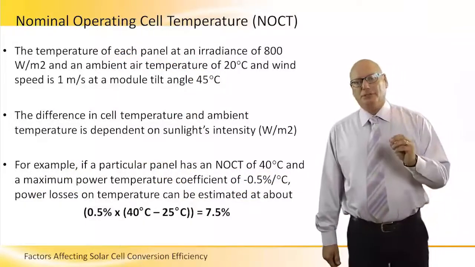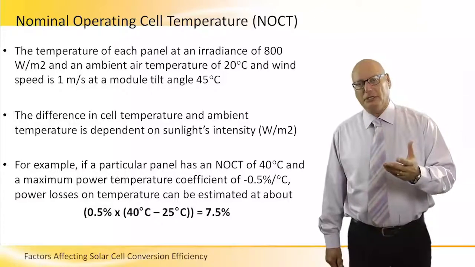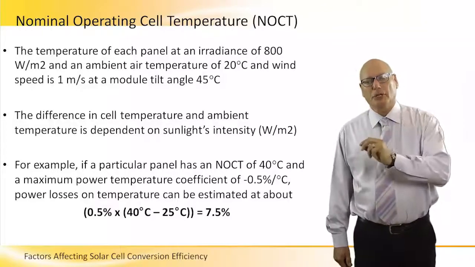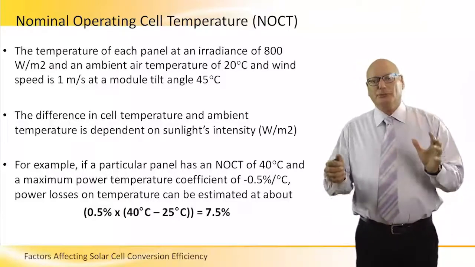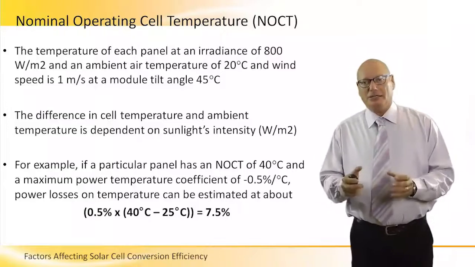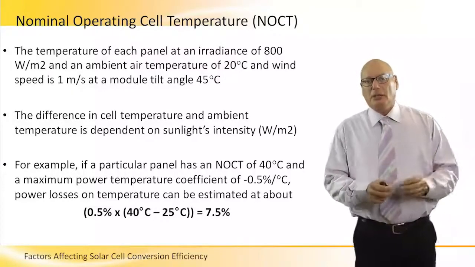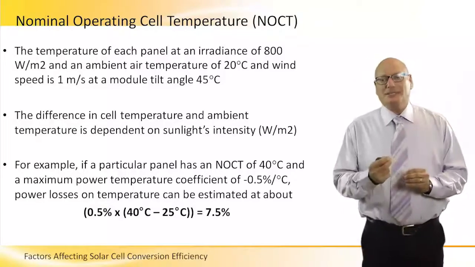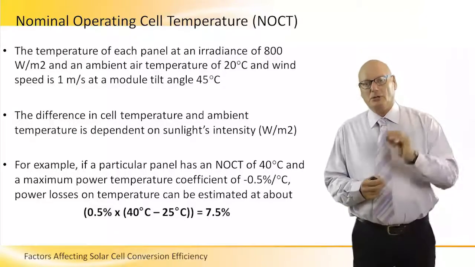Now, a very important parameter when we look at the cell and when we look at the panel is what it called NOCT, Nominal Operating Cell Temperature. The standard of verifying whether a cell is good or bad is looking at the standard, testing that cell according to some standards.